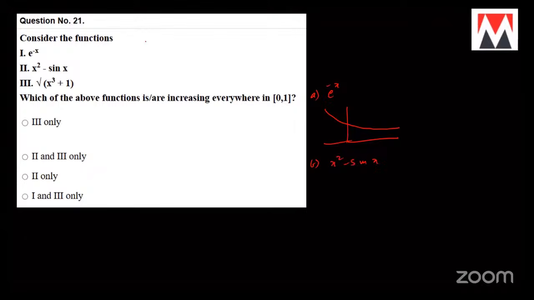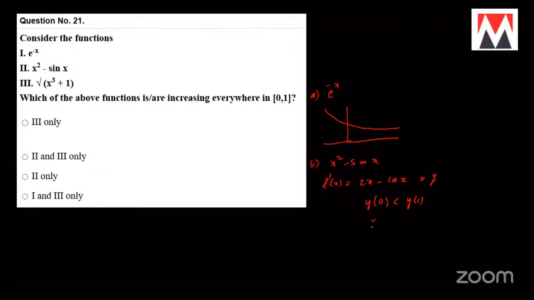So find f dash x and put the values in such a way. Suppose you have x square minus this, so your f dash x is 2x minus cos x. You need to see the values this way. Your f dash of 0 is less than f dash of 1. If I take this as y, your y of 0 is less than y of 1.